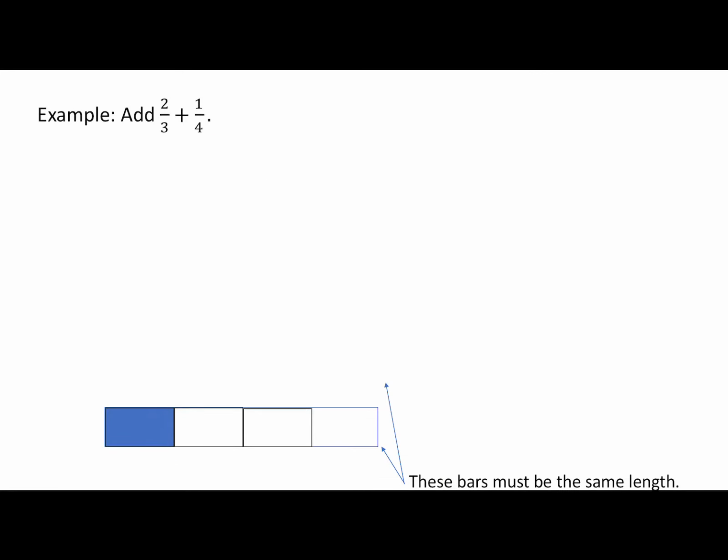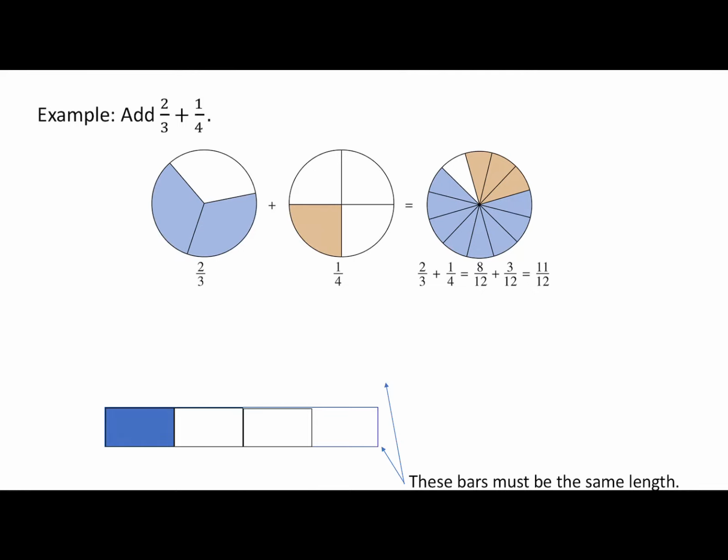All right, so how would we use area models to illustrate addition if our denominators aren't the same? So let's look at the top first. So this is my pie model. So first I'm going to draw a pie cut into 3 pieces and shade 2 of them to illustrate 2/3. And then the second one is a pie cut into 4 pieces with 1 shaded to illustrate 1/4. Now what's happening over here on the right? Well, I want to cut my pies into equal-sized pieces.